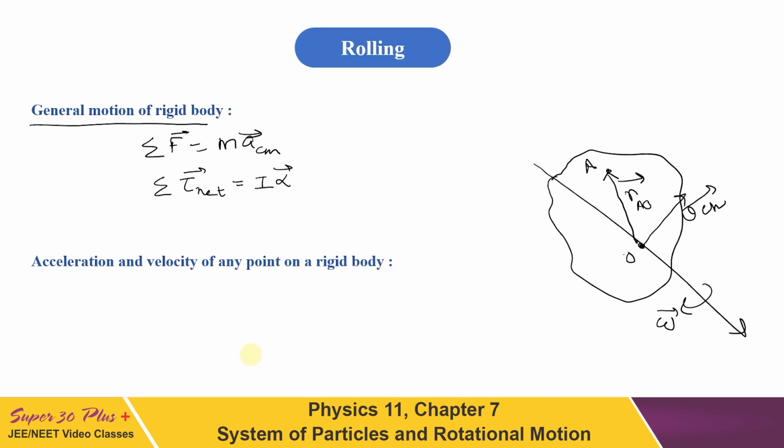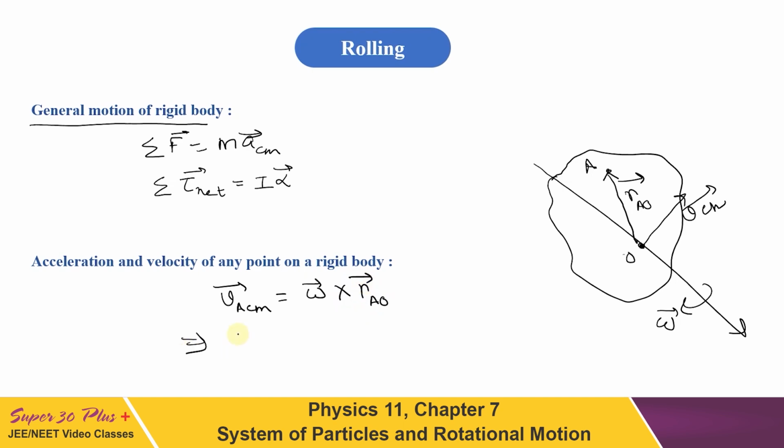See, as we consider the motion of A with respect to center of mass, it can be seen as rotating about center of mass. So from here we can write velocity of A with respect to center of mass as omega cross RAO, because with respect to center of mass this will be seen as rotating about it. So we can write directly the relation for rotation.